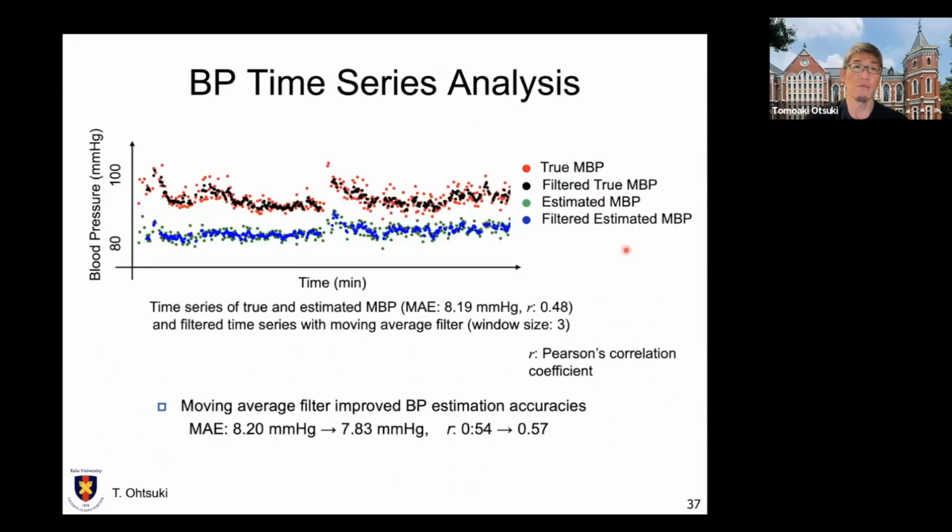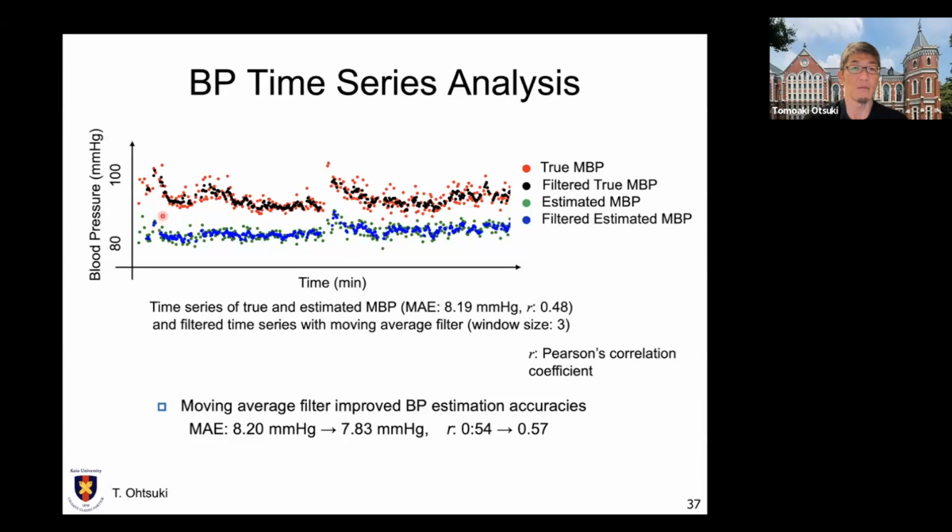So this represents the blood pressure time series analysis. The blood pressure changes over time, of course. The black and red dots represent the true MVP with and without filtering, and the blue and green ones the estimates.